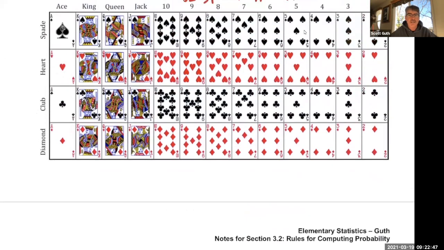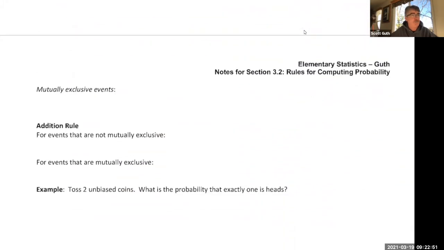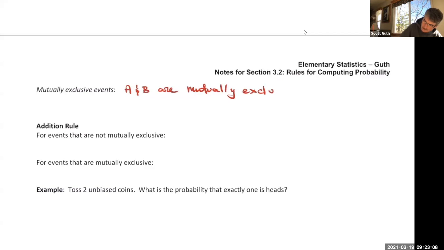Now, that was all the multiplication rule, pretty straightforward. And then the addition rule depends on whether events can exclude each other or not. So events A and B are mutually exclusive if they can't both happen.